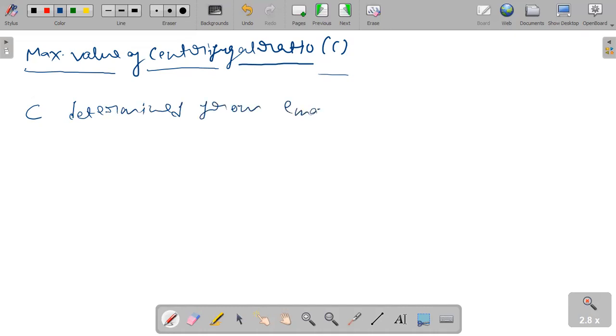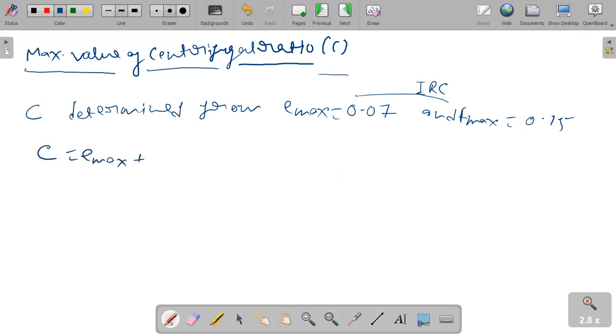C will be determined from E max equal to 0.07 and F max equal to 0.15. Basically these two terms are recommended by IRC, that E max will be 7% and F max will be 0.15. So the centrifugal ratio is equal to E max plus F max.